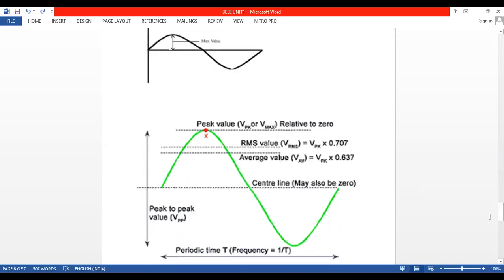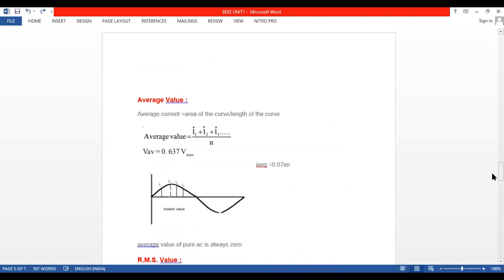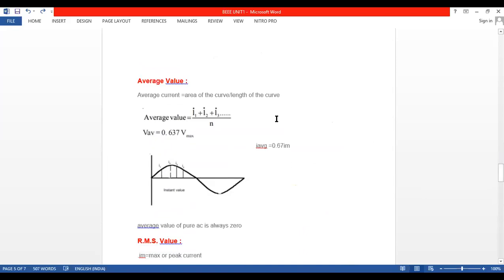Now we move to the next definition, average value. Average current or average value. All are 2 marks questions here from this unit. If I'm asking what is the average of your subjects, what is the formula?